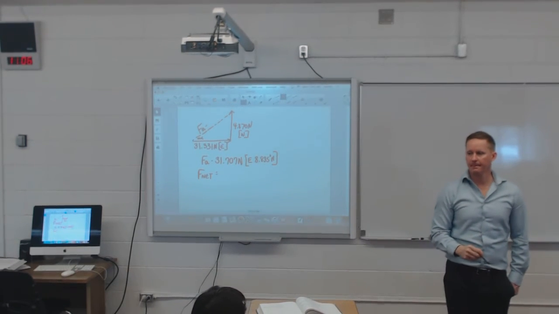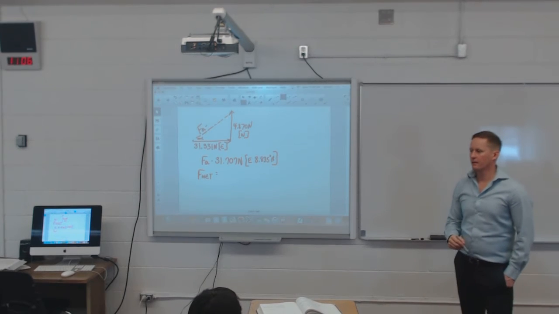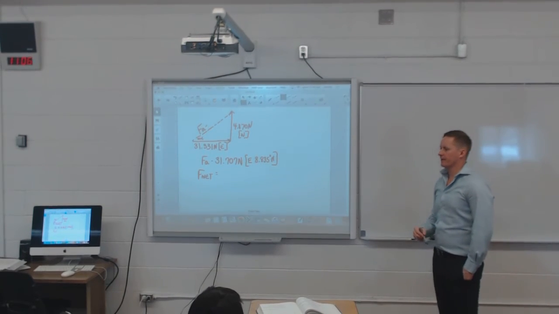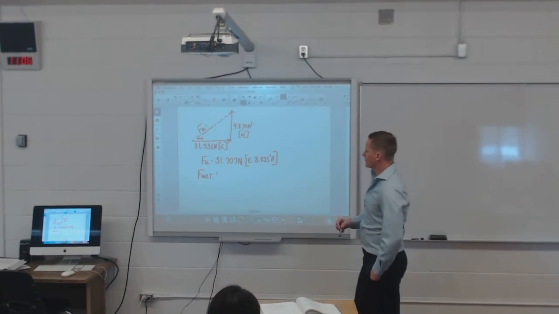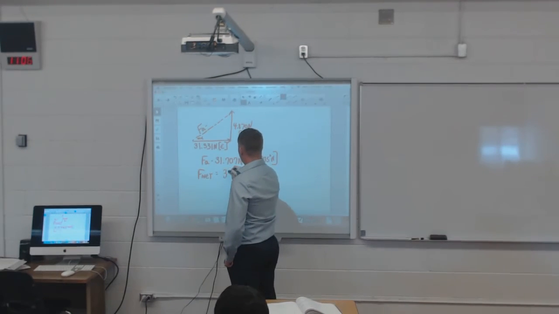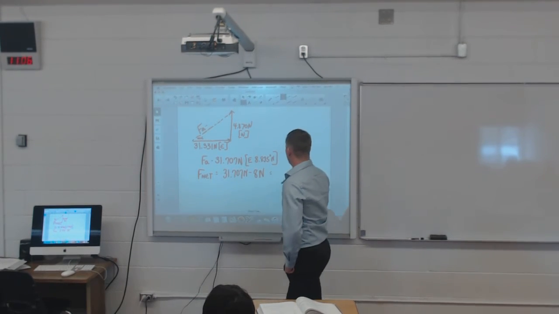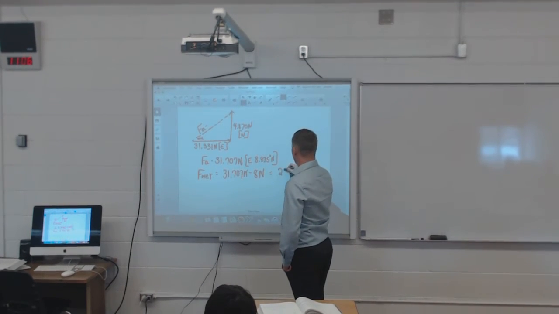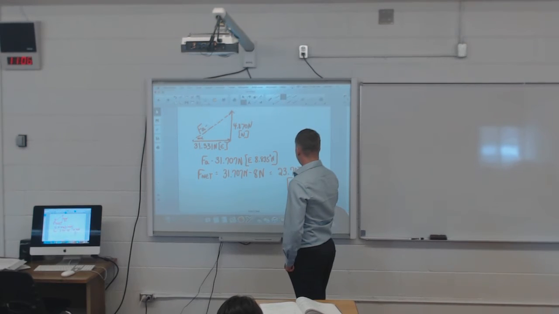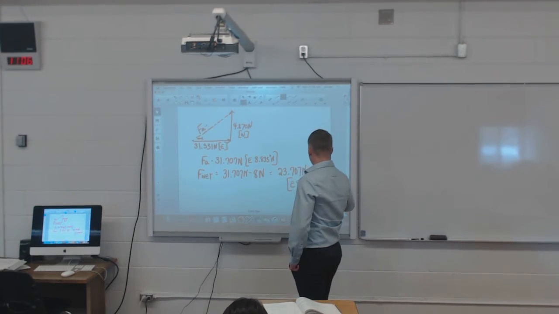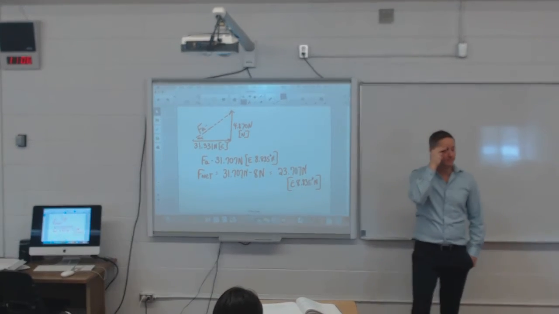Or, no, other way around, force applied minus my force of friction. So that's equal to 23.707 newtons east, 8.835 degrees north. There you have it.